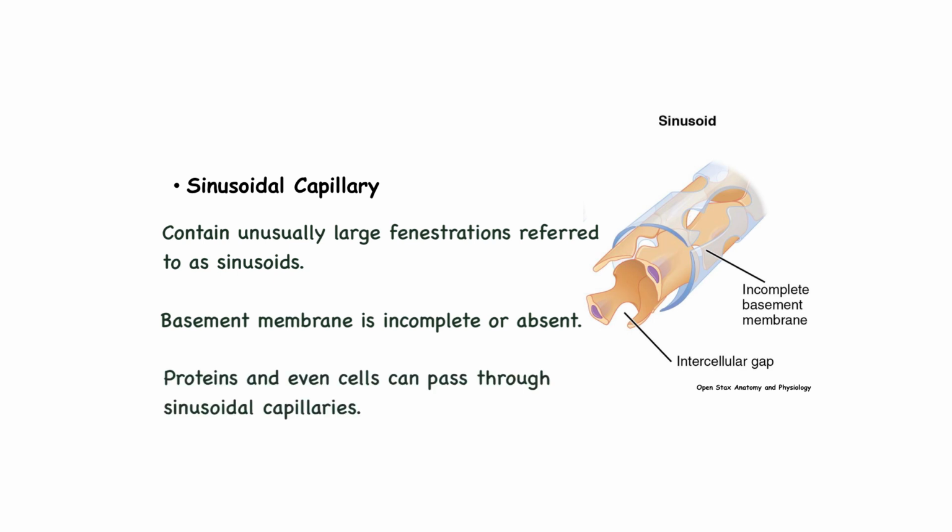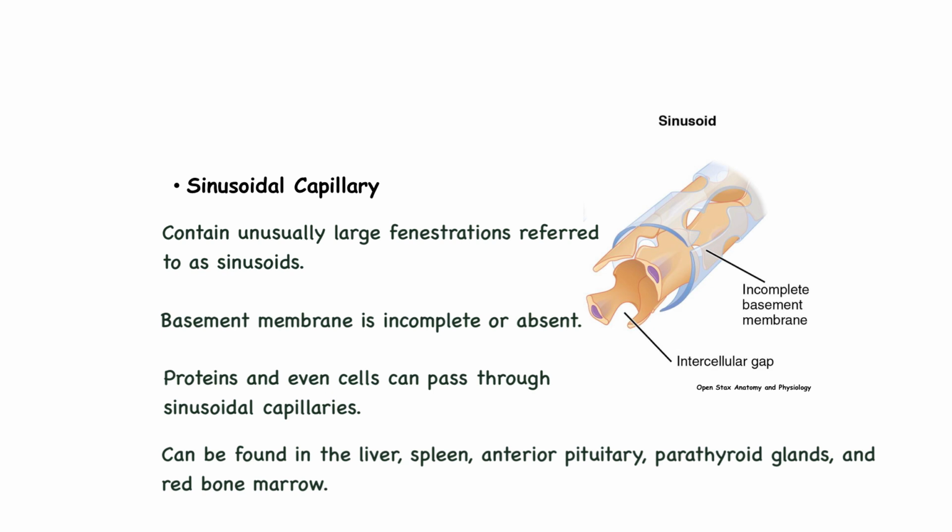So we would see these things in the liver, spleen, anterior pituitary, and parathyroid glands. We would also see them in areas like the red bone marrow when we have newly formed red blood cells that are going to enter the bloodstream. They're going to have to be able to pass through these sinusoidal capillaries.